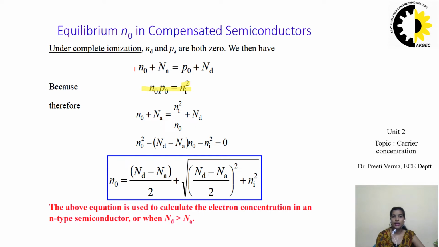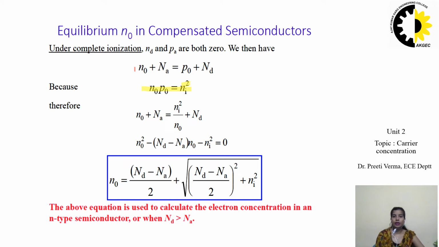So we can write n naught plus Na is equal to ni square upon n naught plus Nd, where ni square upon n naught is placed as the value of p naught. Simplifying this expression, we get n naught square minus (Nd minus Na) multiplied by n naught minus ni square is equal to 0. This is a quadratic equation, so we will have two solutions.